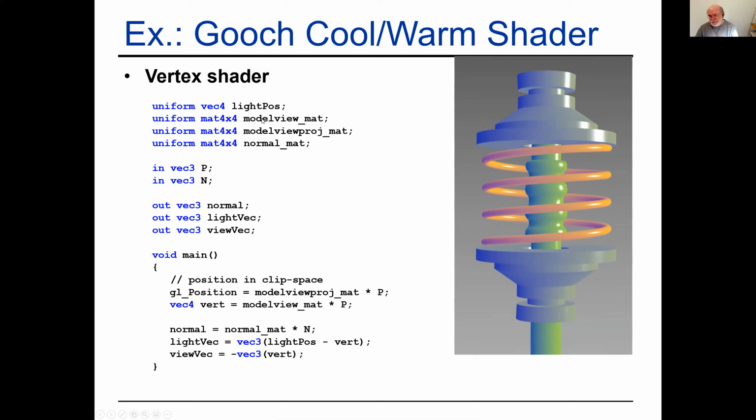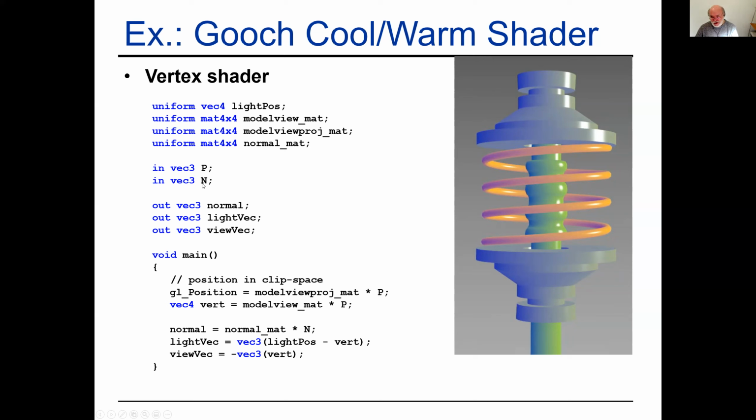You have matrices for the model view transformation, including the projection to screen coordinates, canonical view frustum coordinates. And we have a separate matrix for normal vectors, right? Then you get the position and the normal.